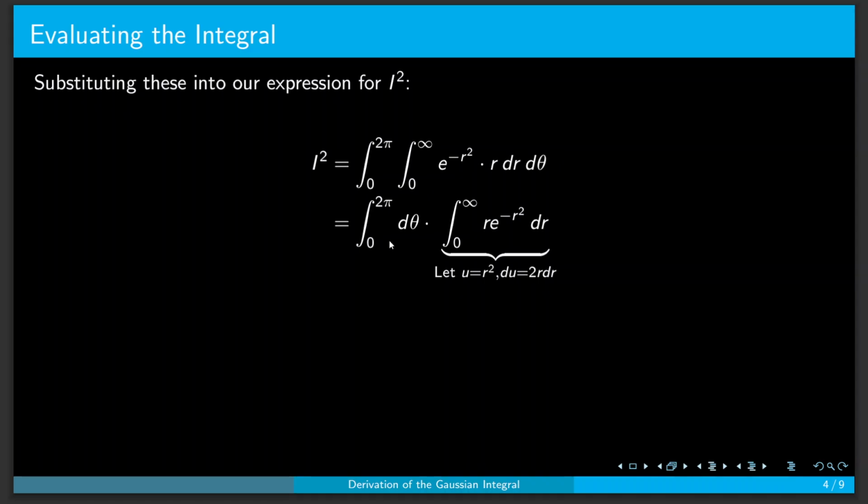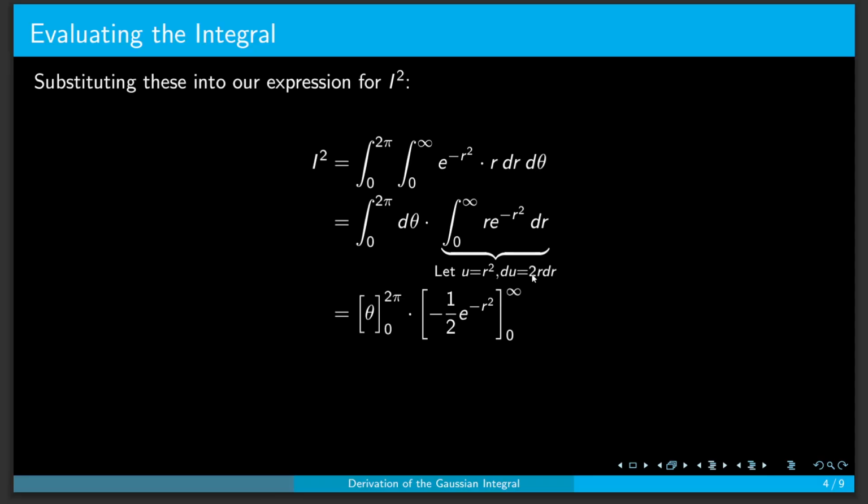We are left with this term, r e raised to power minus r squared dr, which is quite easy to solve. We just replace r squared here with u, and we will get du equals 2r dr. After solving this, we will get like this.